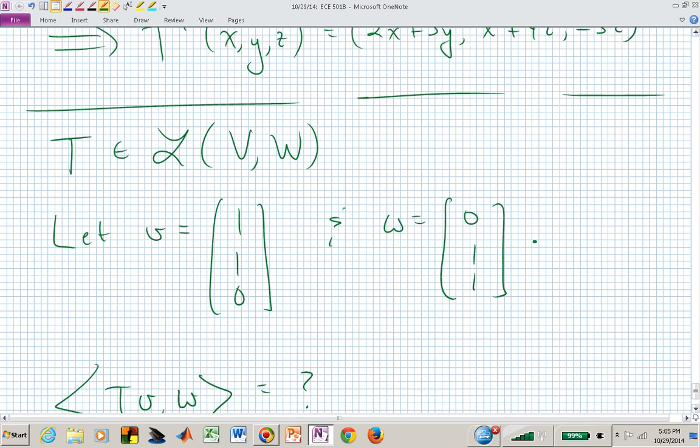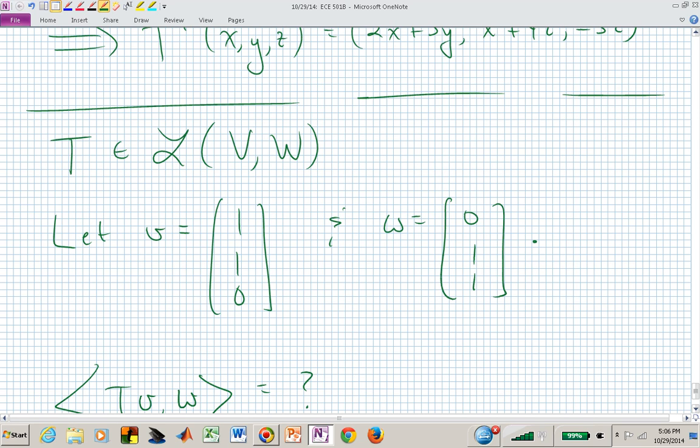Are they? Not really, are they? But if you took the inner product of V and W, is that what I called them, V and W? What's the Euclidean inner product of V and W? Okay, so now the inner product is going to be, what's the result of an inner product? It's a scalar, isn't it? So now it has to be a number, just a scalar.